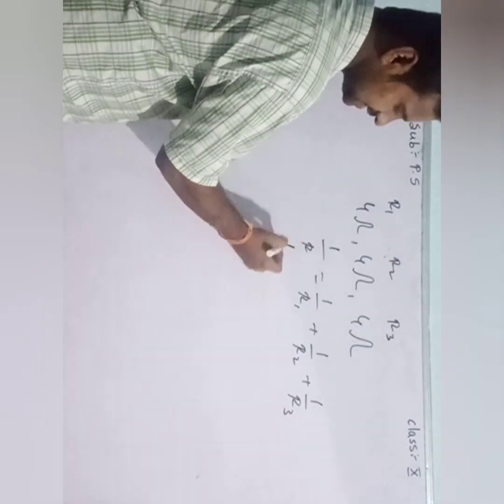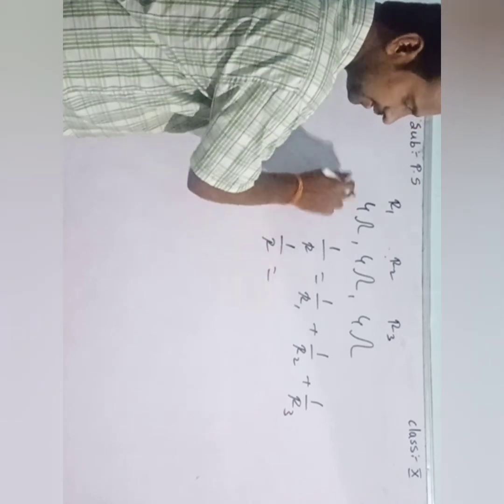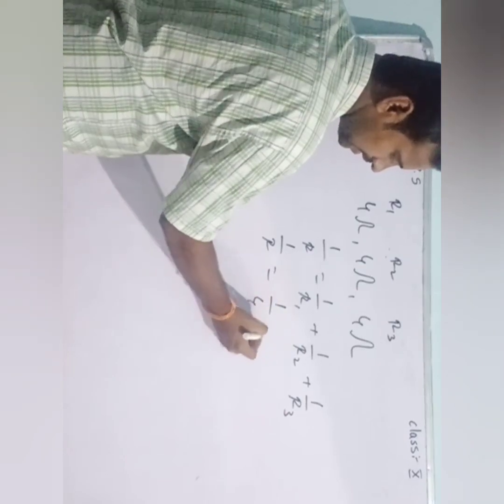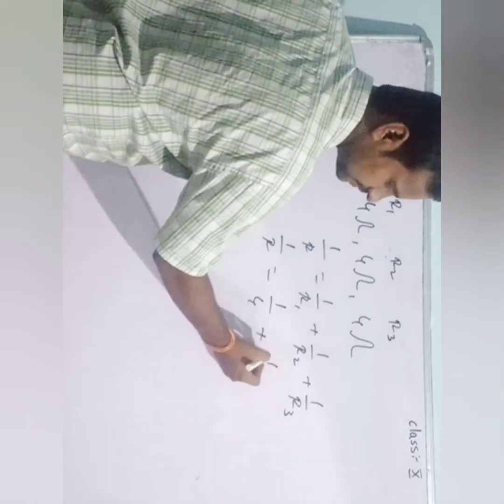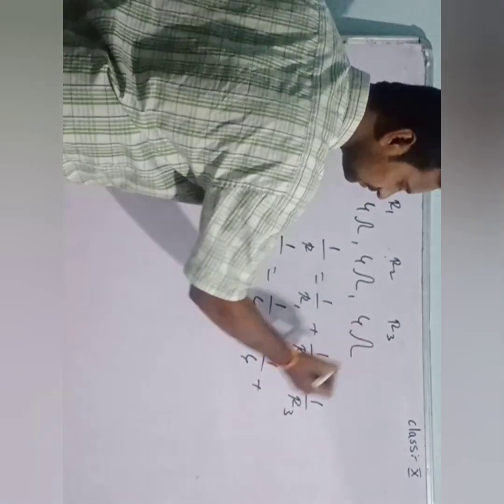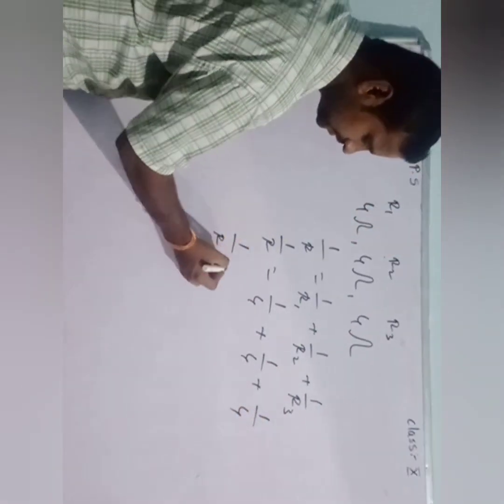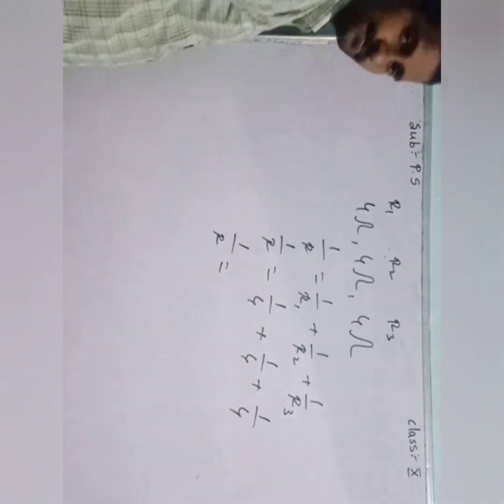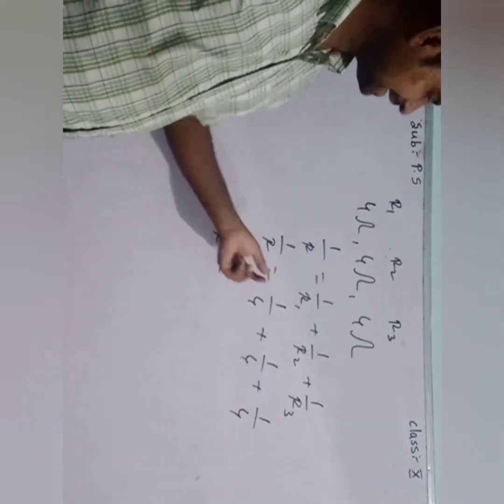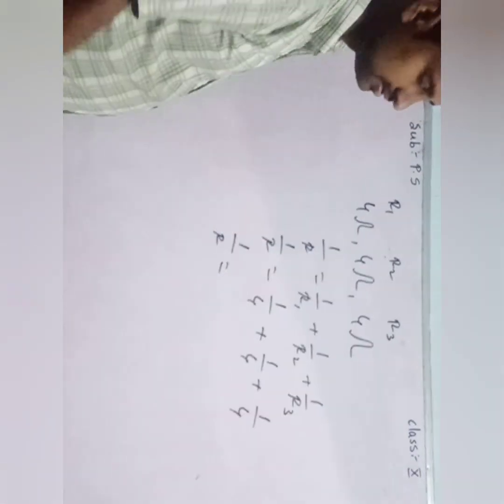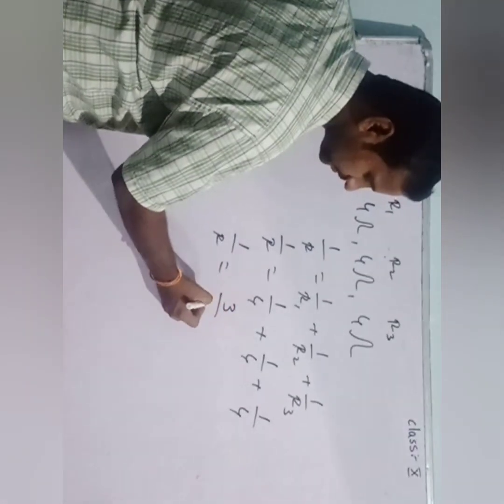So R1 is equal to 4, R2 also 4 and R3 also 4 ohms. So 1 by R is equal to, here the denominators are the same, so we add the numerators. 1 plus 1 plus 1 is simply 3 by 4.